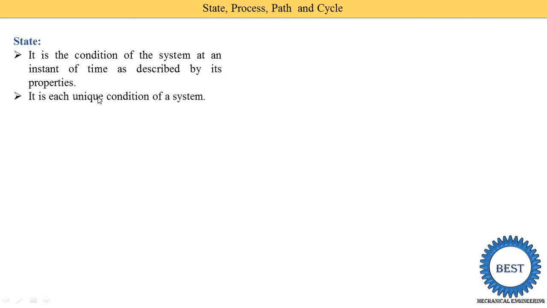It is each unique condition of the system. Now we consider a system as an example that is not undergoing any change, meaning the system is steady and no properties are changing inside the system.